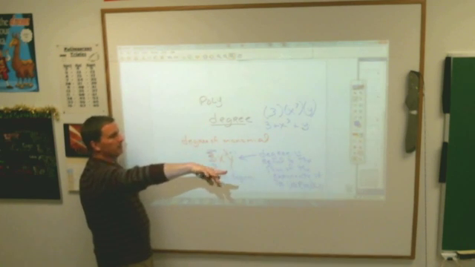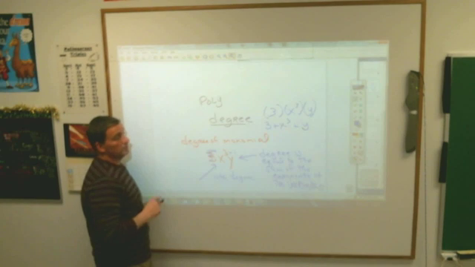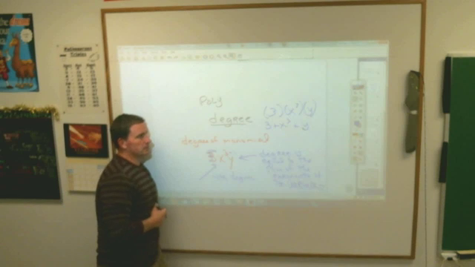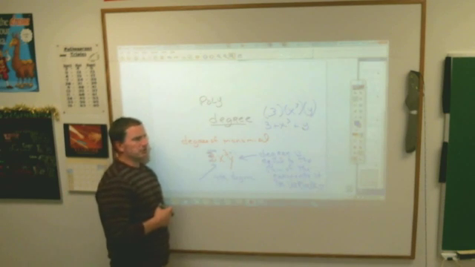Could they be separated not just by addition and subtraction, but by division and multiplication? Like 3 times x. That's a good question.